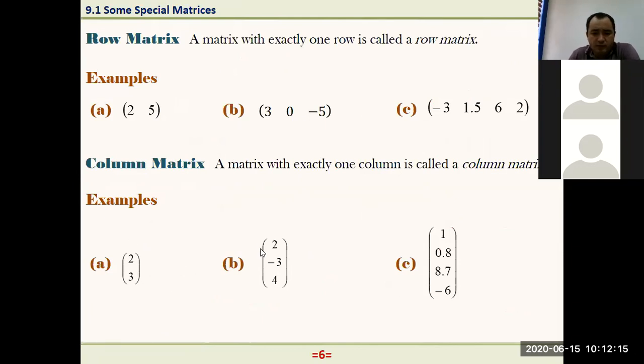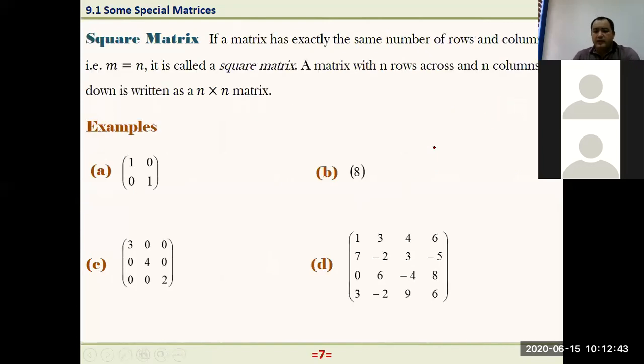If we determine the order of these, this one is a 2 by 1 matrix, this one is 3 by 1, this one is 4 by 1. How about these? It is 1 by 2 because 1 row, 2 columns, 1 by 3, 1 row, 3 columns, 1 by 4, one row and 4 columns.